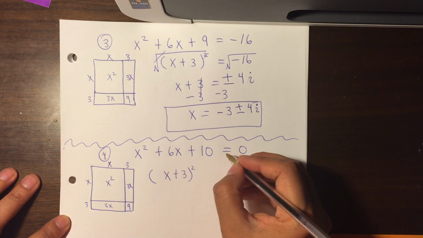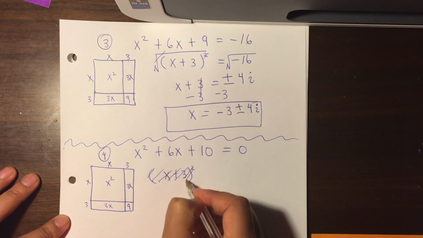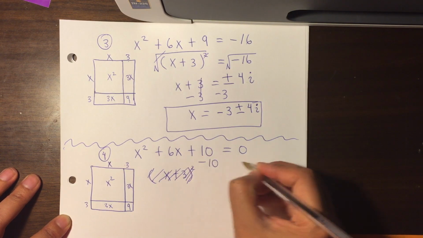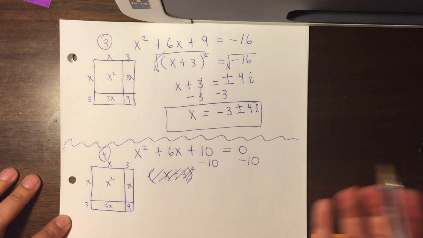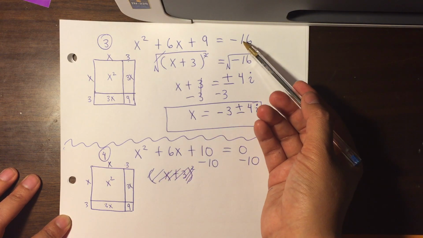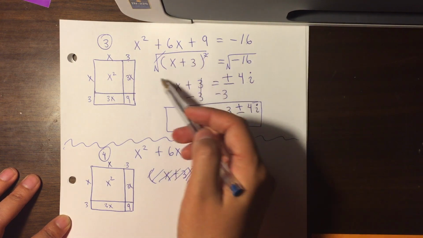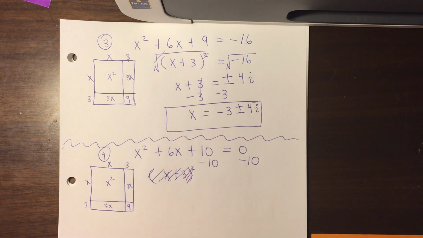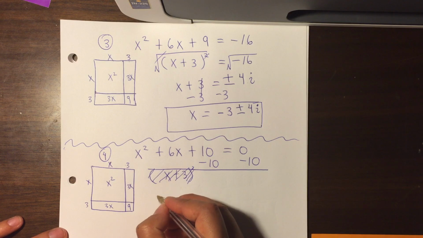I might just eliminate this part right now so that it doesn't get confusing. I'm going to have to get rid of that 10 on both sides so that I have it on the other side, like in the previous one, and have my complete square on one side so that I can find the perfect square. Okay, I don't know if that made sense, but let's try it again.